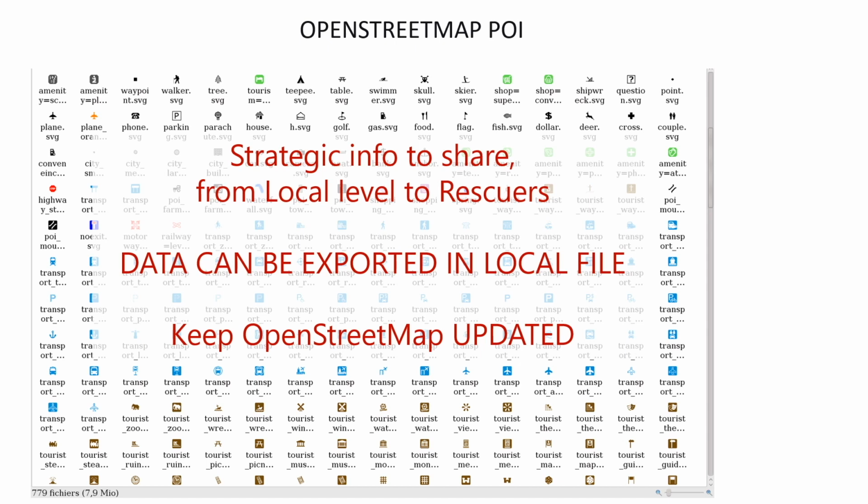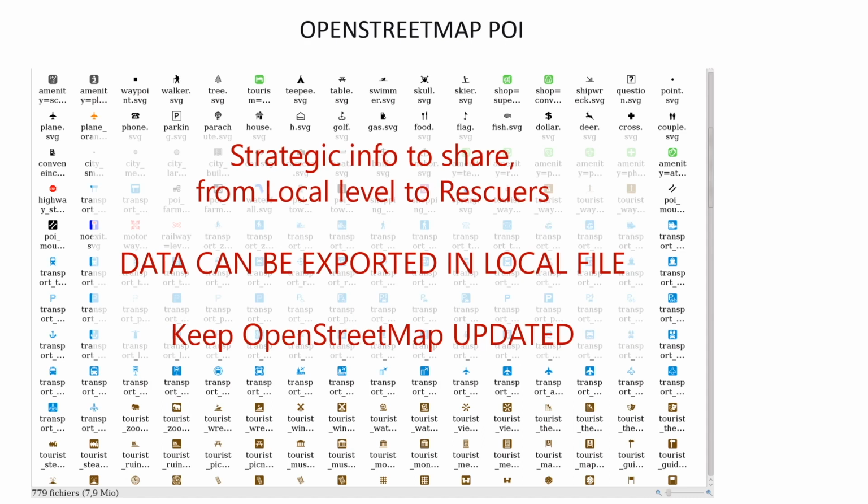And in that case, the rescuers that are going into a certain area can have the OpenStreetMap full set of information, with all the vector data available, in offline mode, and see and check the detail of the single information, even if they are off-grid without any internet connection.